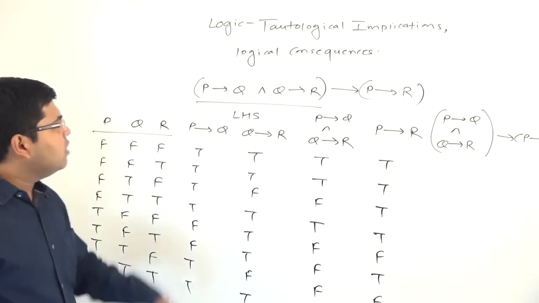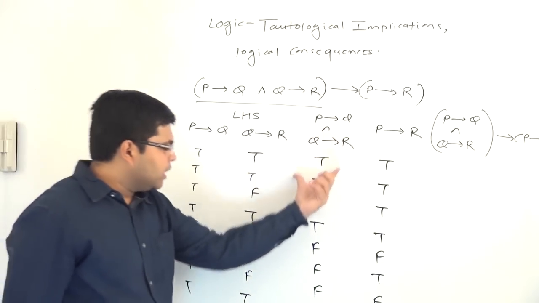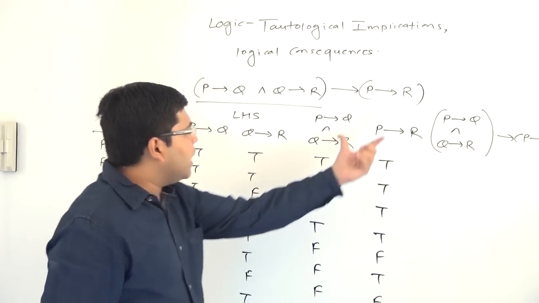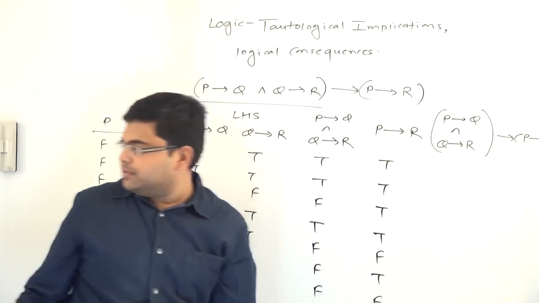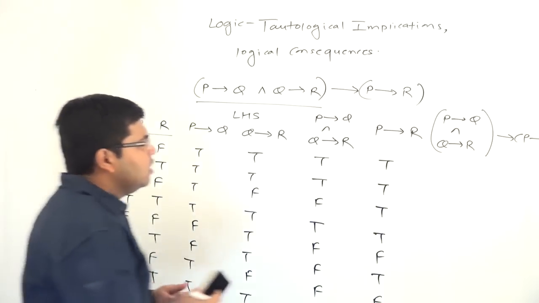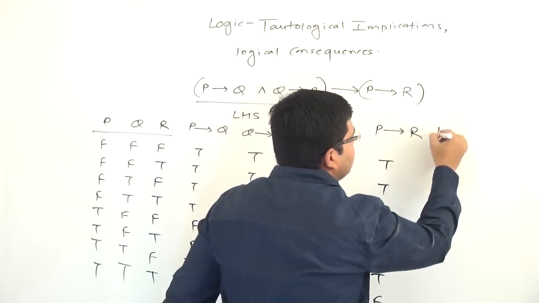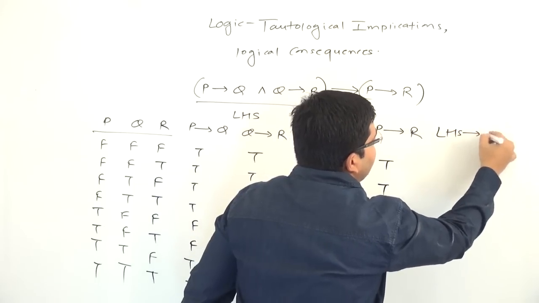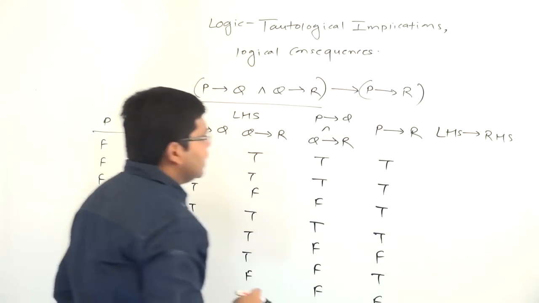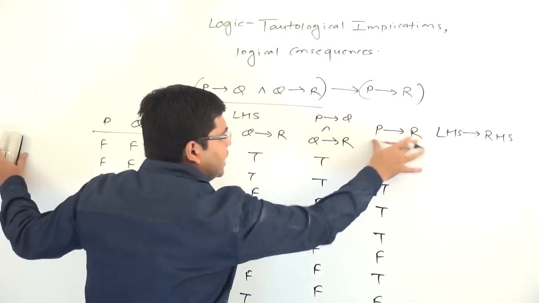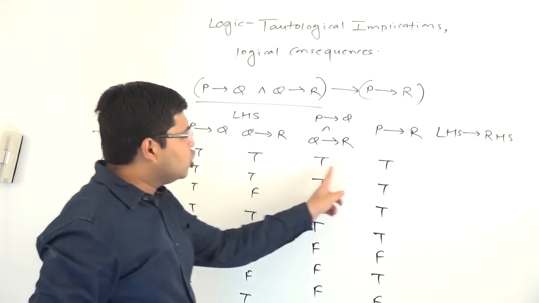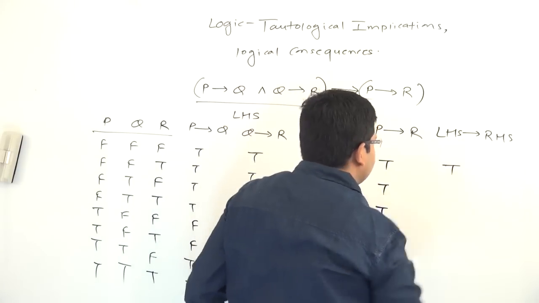So what we have done, this is the left hand side of the implication and this is the right hand side of the implication. And finally, we will draw this column, which is left hand side implies right hand side. Let us see what happens. True implies true will be true.